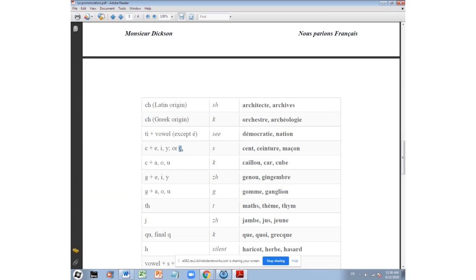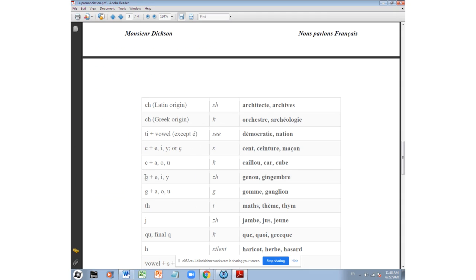Next, when does it produce the K sound? When followed by letter A, letter O, letter U. So the sample words are caillou, car, cube.